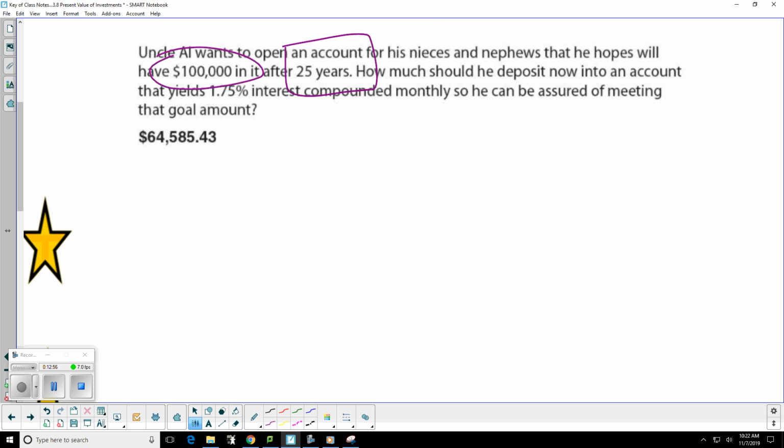So which formula are we working with? Who can tell me which formula we will be using? The monthly formula or the one-time deposit formula? Monthly.